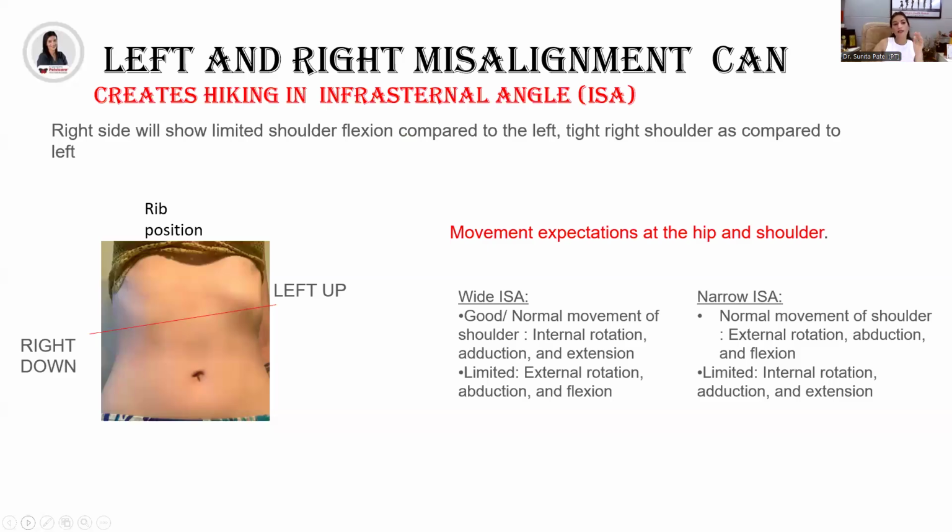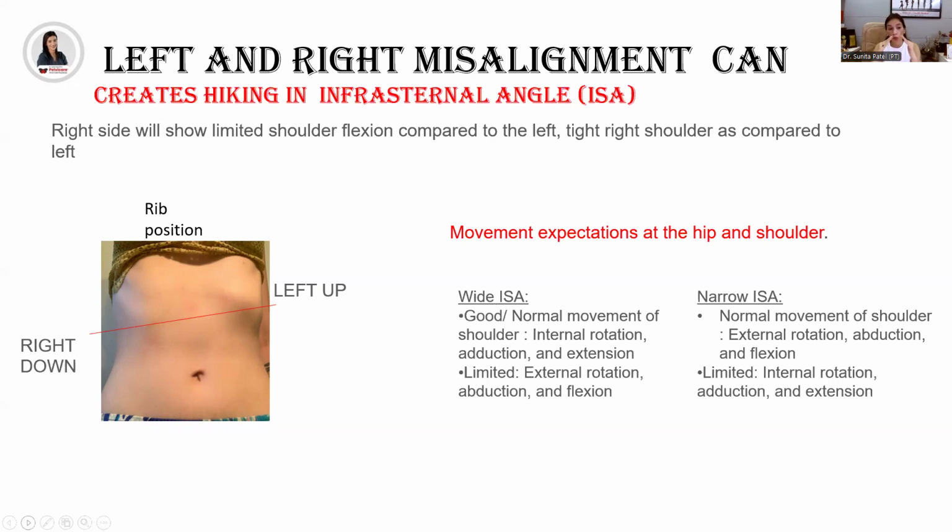In this case, you might see that the ribs are not on the same level. One can be ascending up, one can be descending down. This way, they can alter the whole body mechanism. One side can be tight, the other side can become loose. So it is not only that the anterior posterior diameter will be increased or decreased; the right and left body can also be affected.